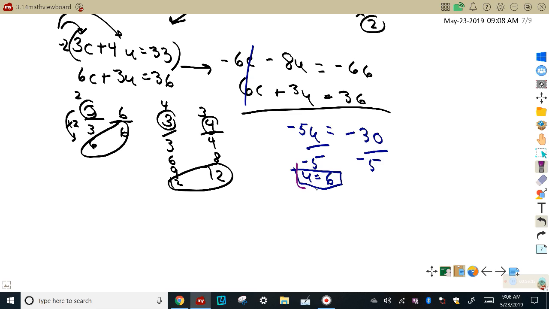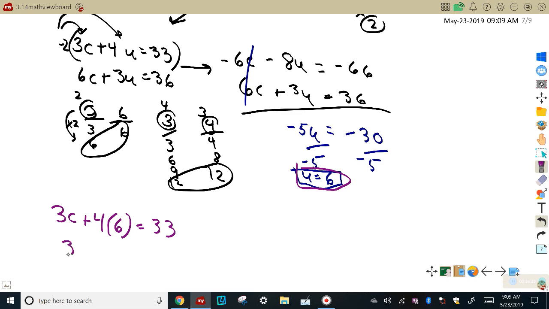I would say, okay, I know u is equal to 6. I can pick either the top equation or the bottom equation. Let's just pick the top equation. 3c plus 4 times 6 is equal to 33. And then I would just solve for c now.